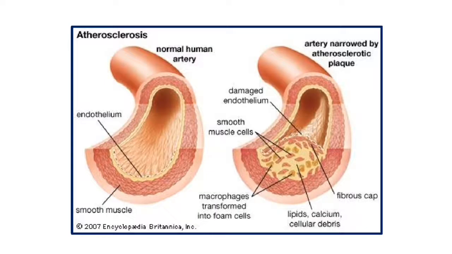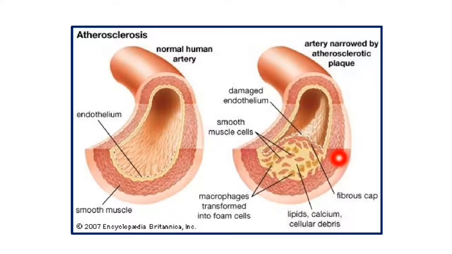Okay, here you can see, this one is a normal coronary artery. So there is no blockage. That's why there is a continuous supply of blood through the artery to the heart, and supply of nutrients and oxygen.